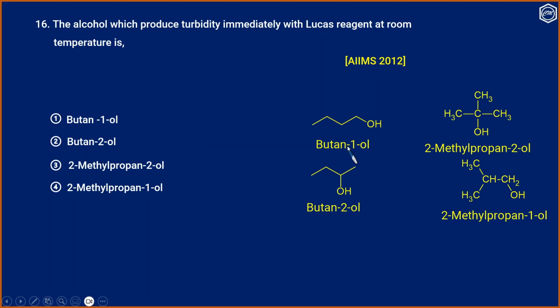And this is butan-1-ol, and this one is 2-methylpropan-2-ol, butan-2-ol, 2-methylpropan-1-ol. And we know that this is a tertiary alcohol. So this will give turbidity immediately with the Lucas reagent. So 2-methylpropan-2-ol will give turbidity immediately. So we go for option 3, that is the correct answer.